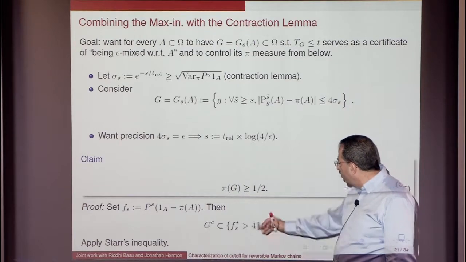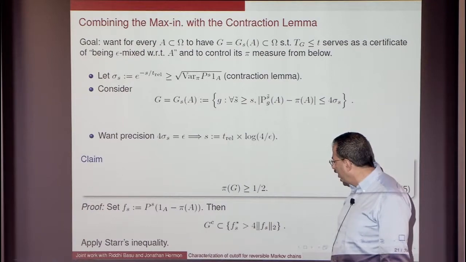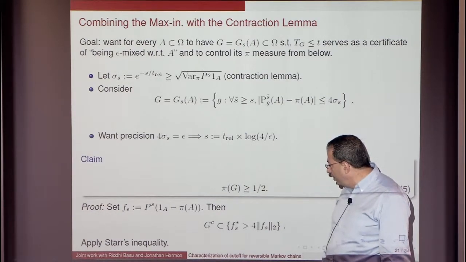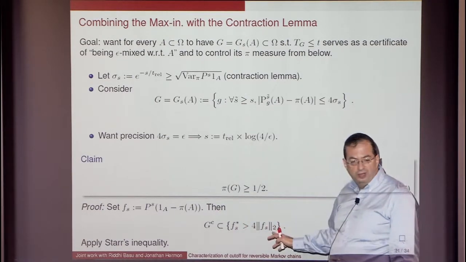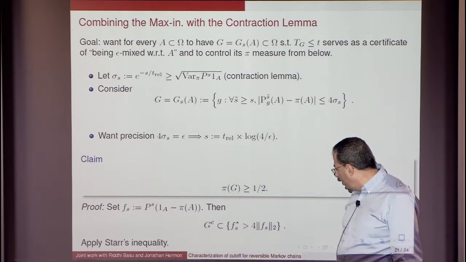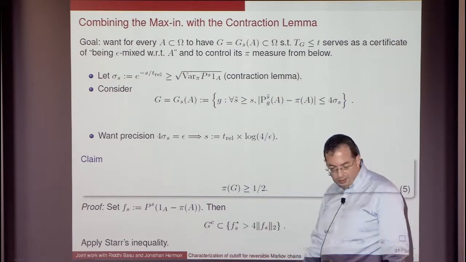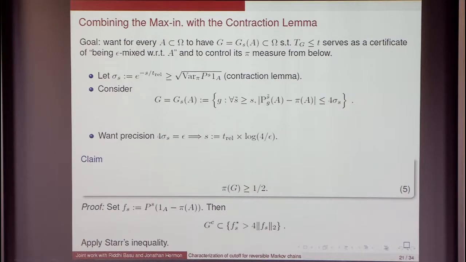That just follows from the definition, where we have this maximization for all s tilde bigger than s. Then Starr's inequality tells us, first of all, using Markov's inequality, that the probability of this is bounded by the norm squared of this divided by this squared, and you get the bound. So the probability of G complement is even less than a quarter here.